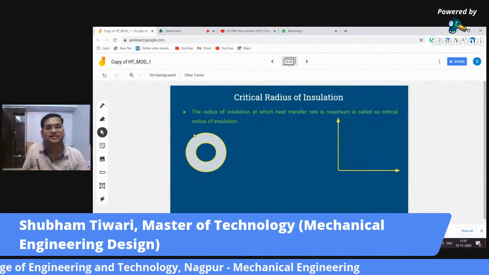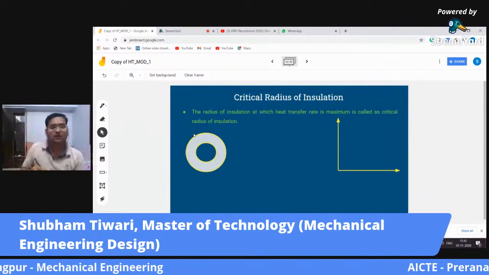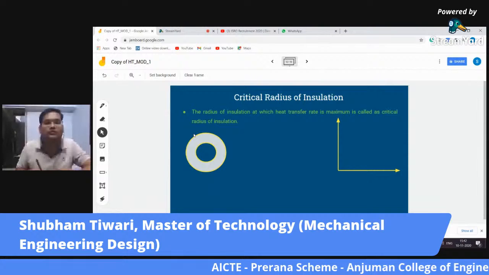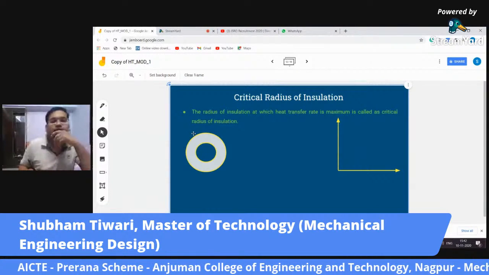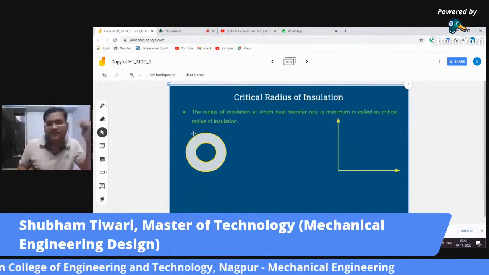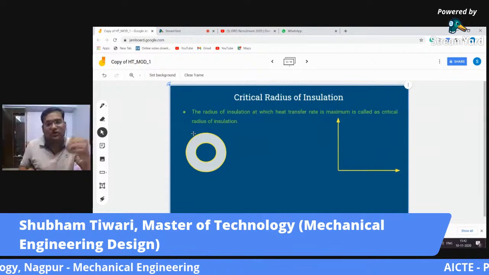Okay, now there is this important concept of critical radius of insulation. Most of us know that we provide insulation to avoid heat transfer.